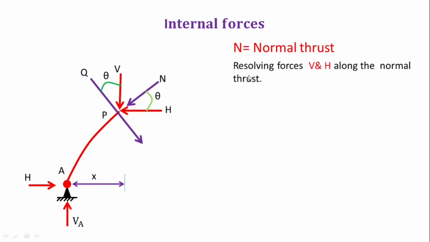For that, resolve the forces V and H along the normal thrust, that is, along N. This is the direction of N. Resolving, the adjacent angle gives cos, and V is resolved with the opposite angle, that is why V sin theta and H cos theta.